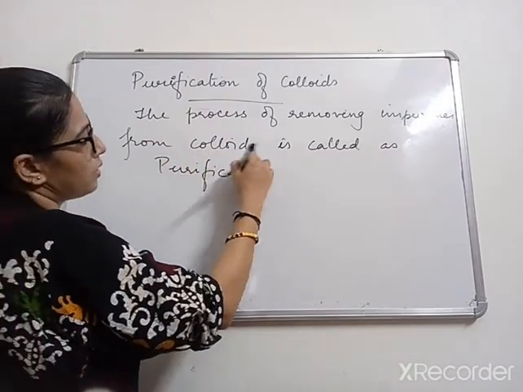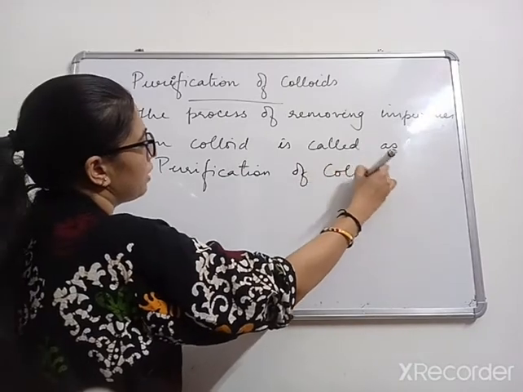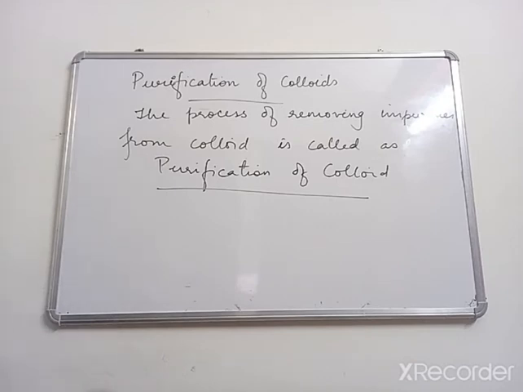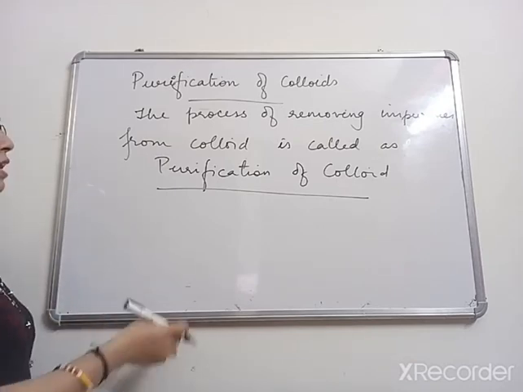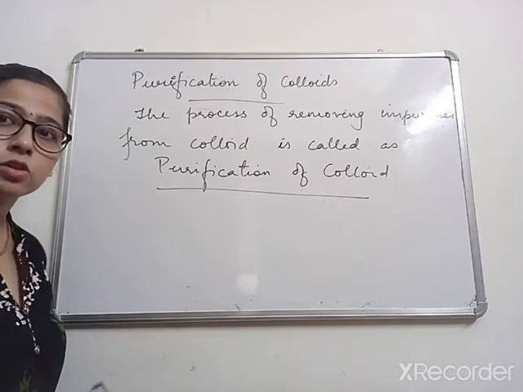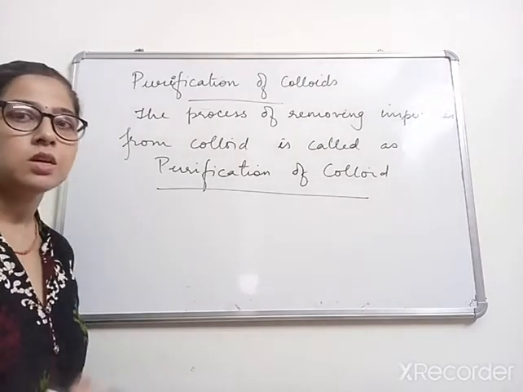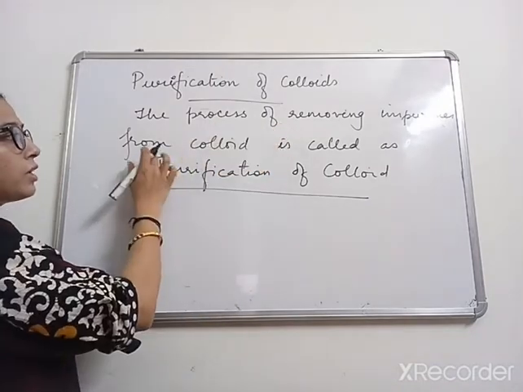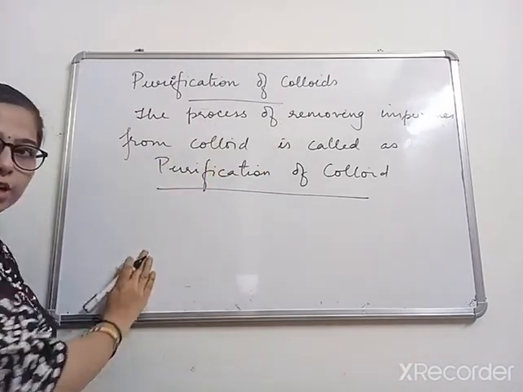So what we are doing is removing impurities from the colloid, and that process is called purification of colloids. Unnecessary chemicals may be present, since colloids are made by different methods, so some other chemical may be present. These chemicals act as impurities, and so the removal of impurities from the colloidal solution is called purification of colloid.